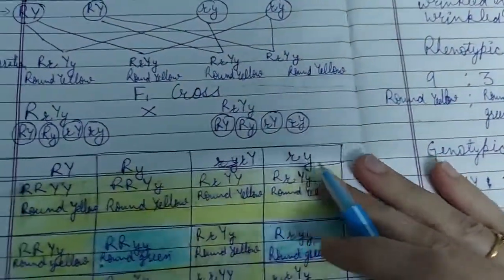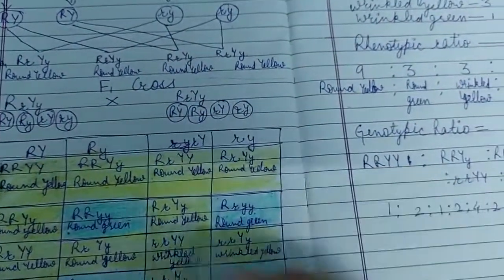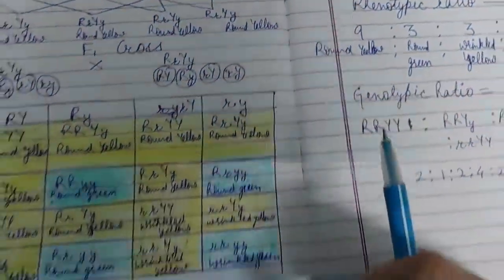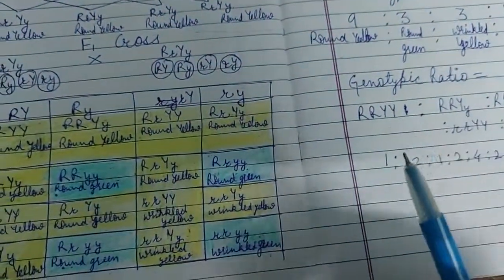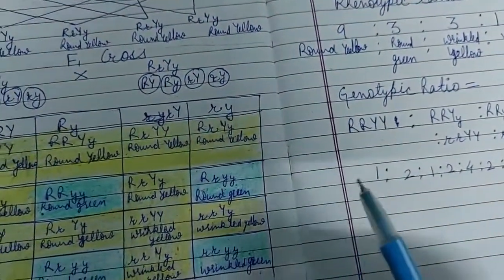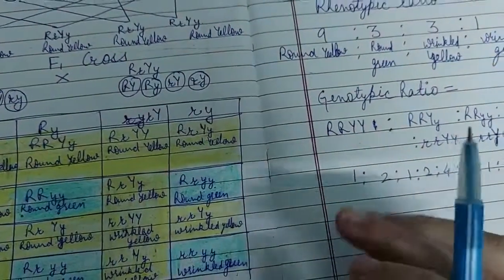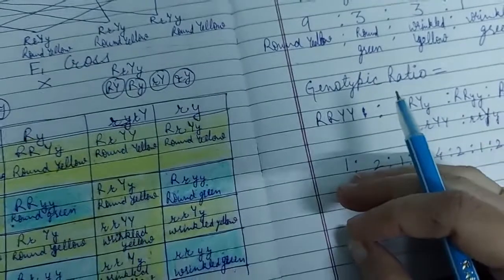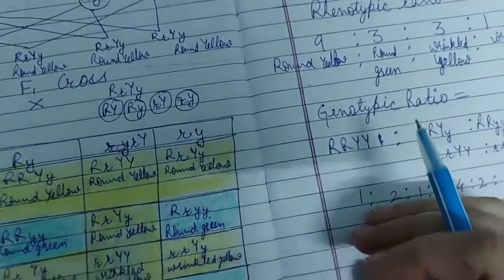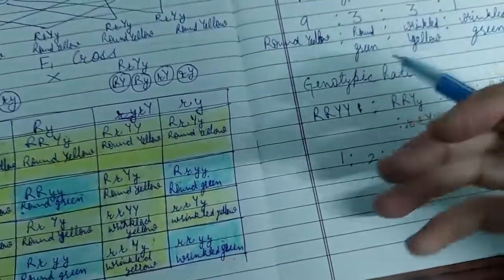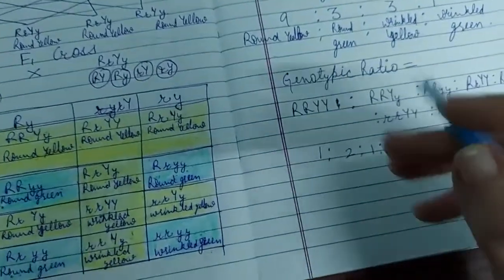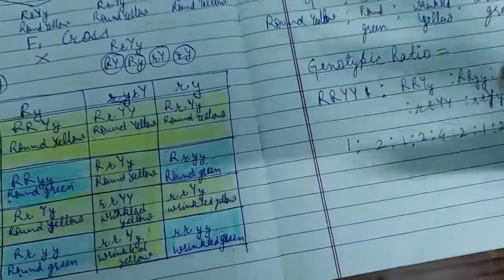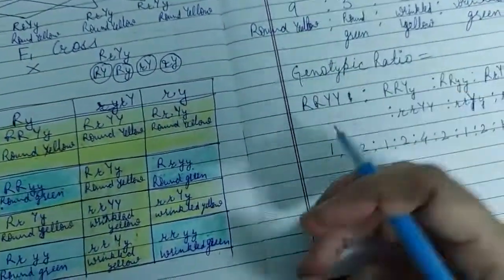With this we have discussed both Mendel's first law and second law, which are segregation and independent assortment. If you have any doubts, you can ask me in the comment box and study it thoroughly. You will find it more interesting.